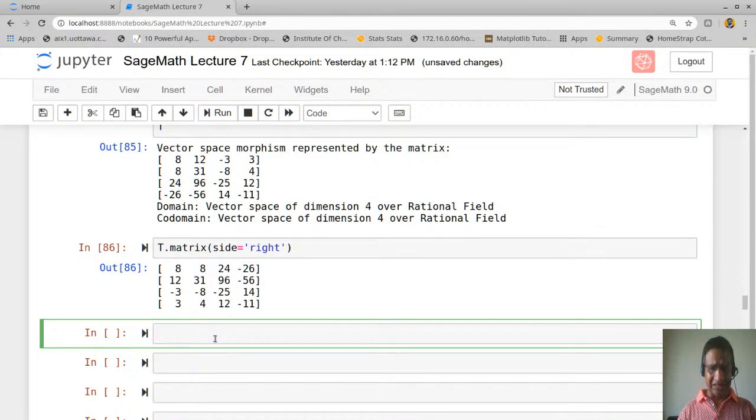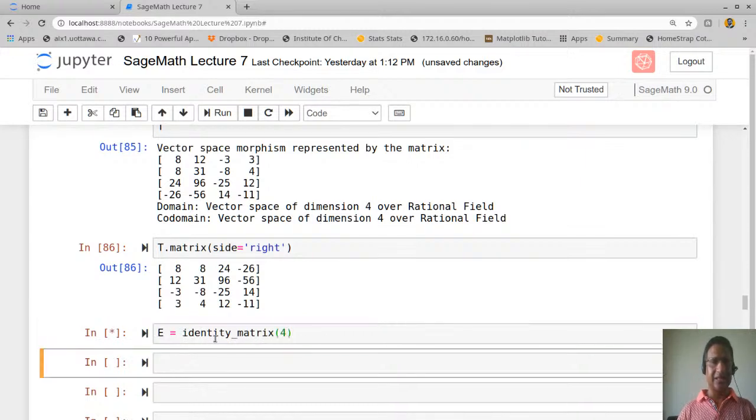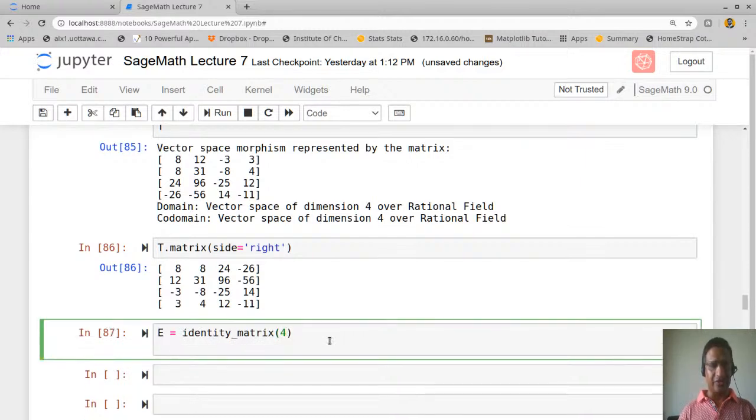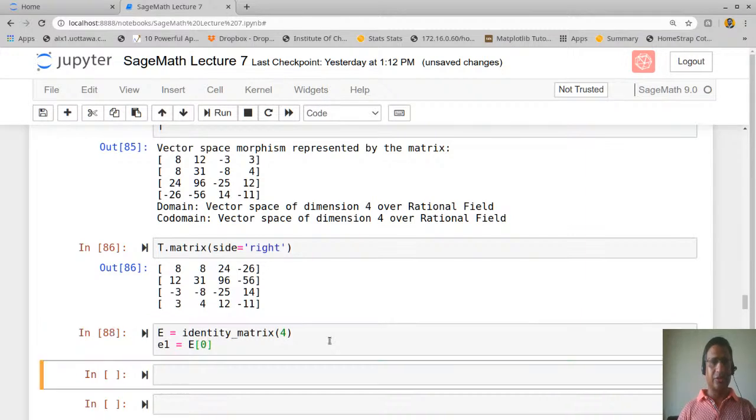So let us generate, let me say E is equal to the identity matrix, the 4 cross 4 identity matrix. The first column is your E1 in this case, so I'll say E1 is equal to E of 0. So that is your E1.